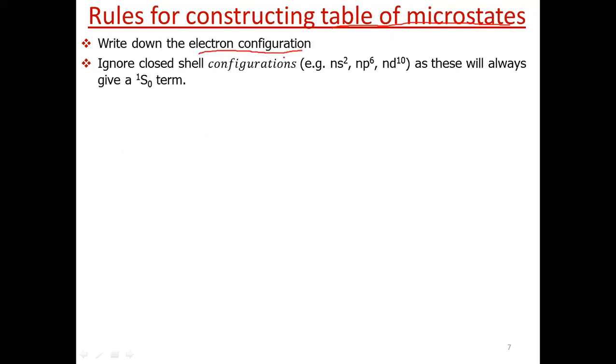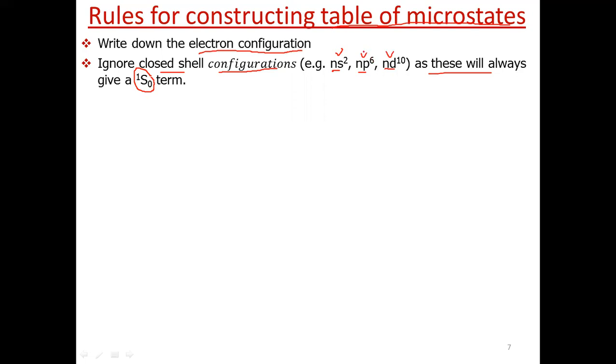Second, very important thing: the closed shell configurations, which are completely filled, like ns2, np6, nd10, will always give a term 1S0. You can calculate for this system, it will always come out to be 1S0.